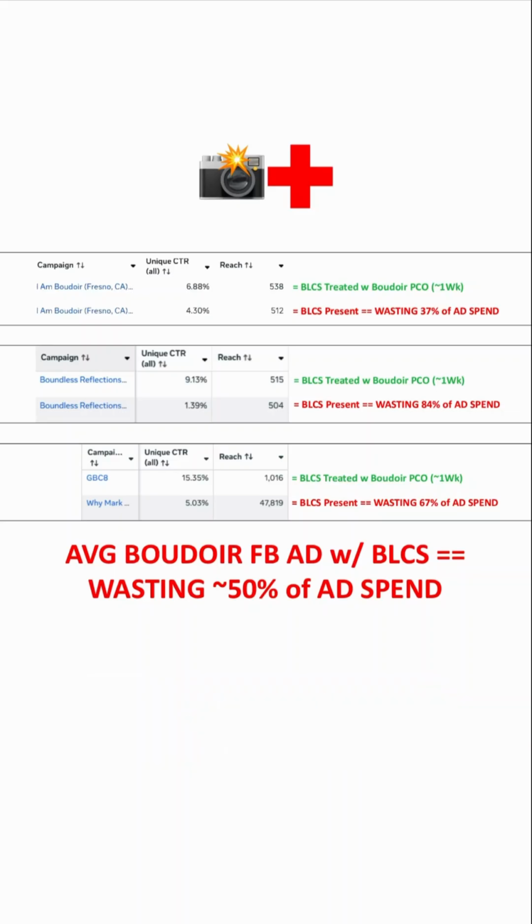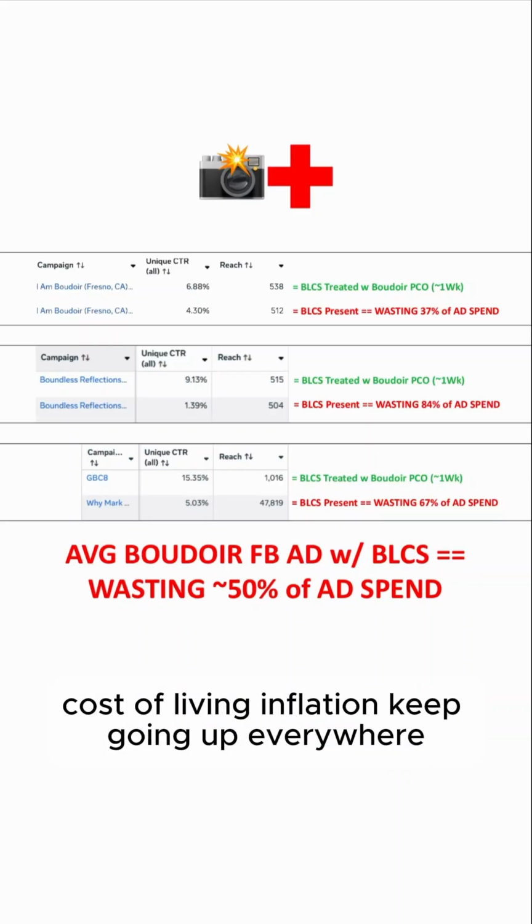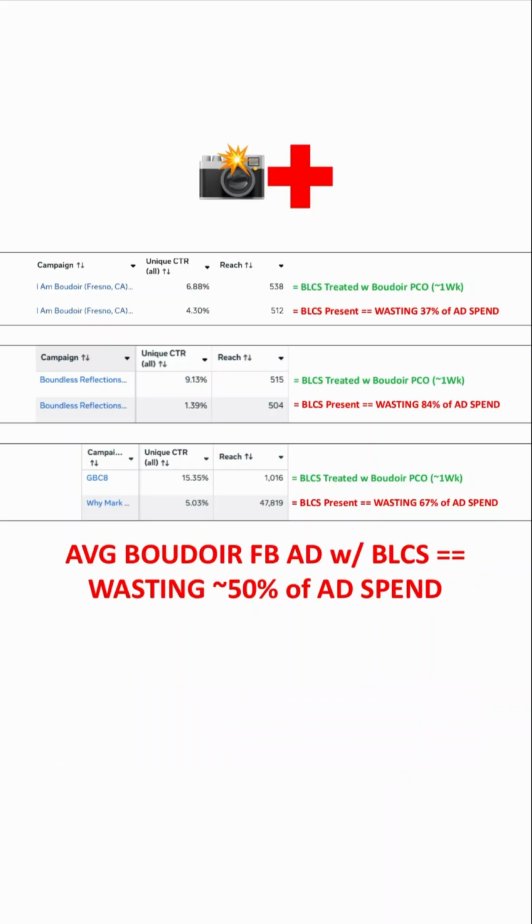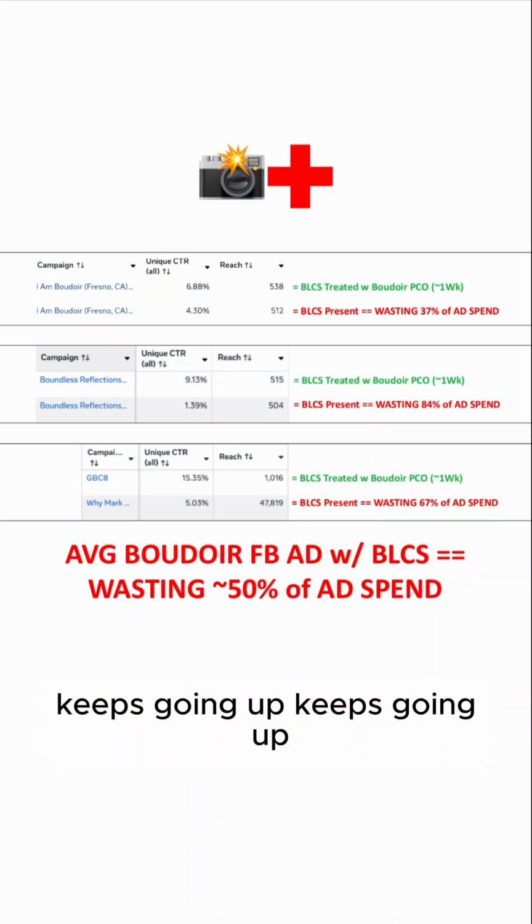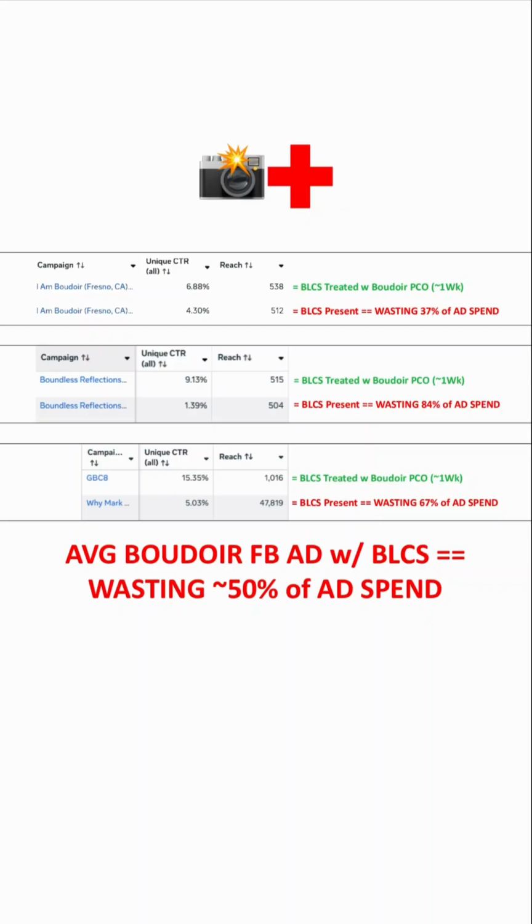So you're seeing that, and you're also seeing cost of living inflation keep going up everywhere, keeps going up, keeps going up. And you've already been optimizing other parts of your business to pull same input, but more output, more money output, less waste.